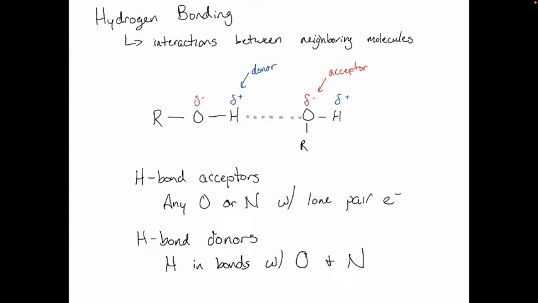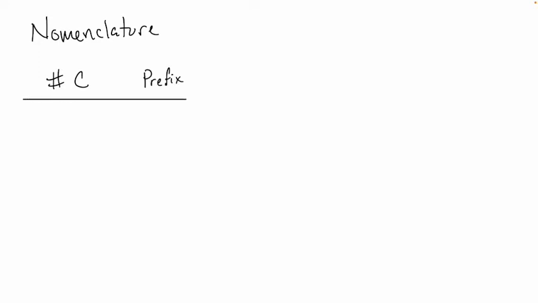All right, now the fun part: nomenclature. Let's review, because if we don't have this down, we're kind of screwed moving forward. Those are our prefixes that indicate the correct number of carbons.